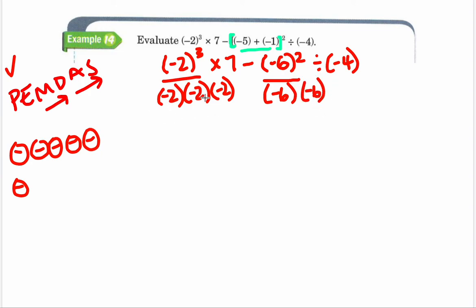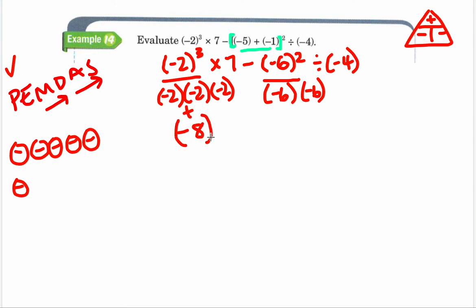Okay, so 2 times 2 times 2 would be 2 times 2 is 4, 4 times 2 is 8, and then I have, let me draw my little cheat sheet, a negative times negative is positive, but then I have another negative, so now we have the positive from here with another negative, so positive times negative back to negative again. So this whole answer, -2 cubed, is equal to -8.